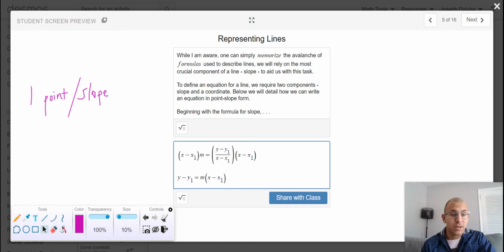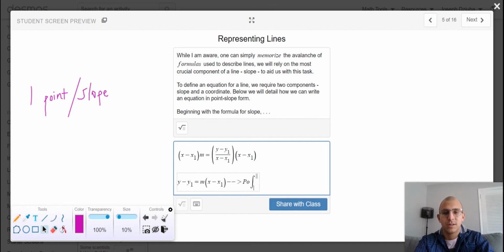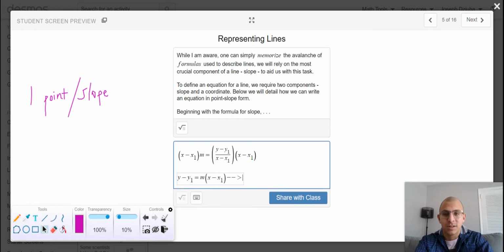And there you have it. The formula, I like using the word formula, the form of a line in point slope.